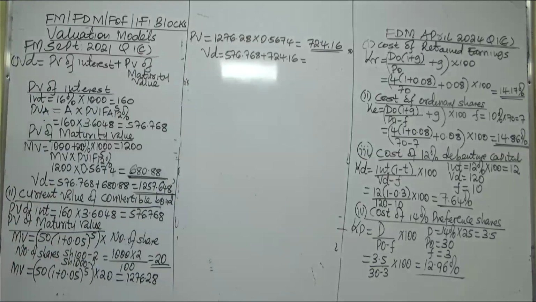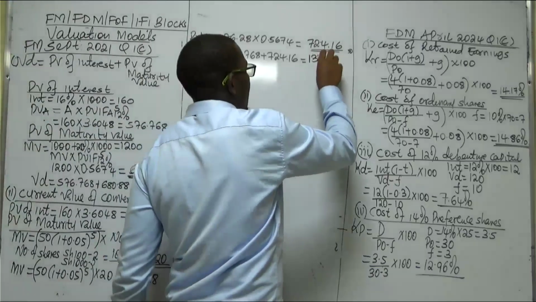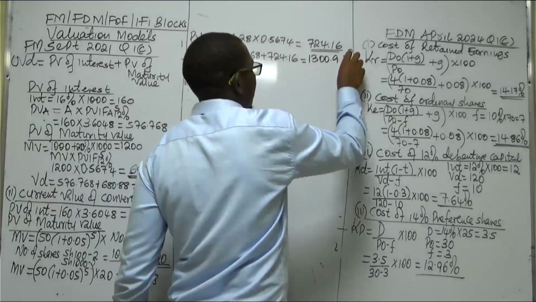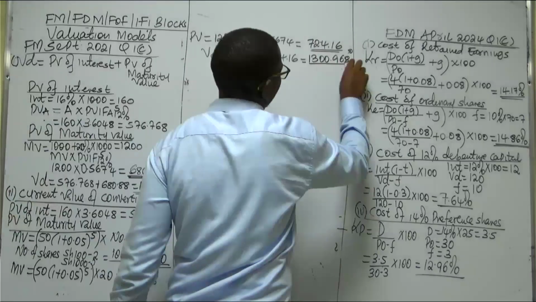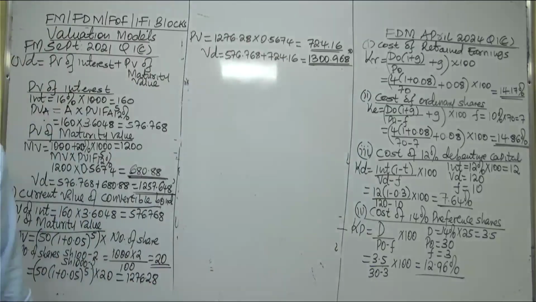So 576.768 plus 724.16 is 1300.968. That is the value of the convertible bond.